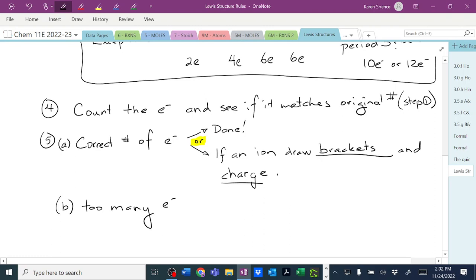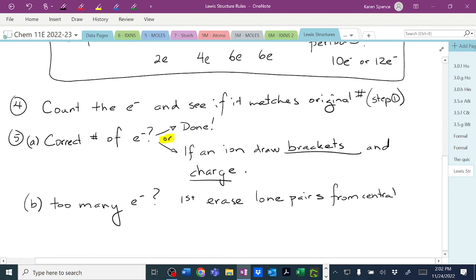We're going to first erase lone pairs from the central atom. And second, we are going to turn lone pairs into double or triple bonds.